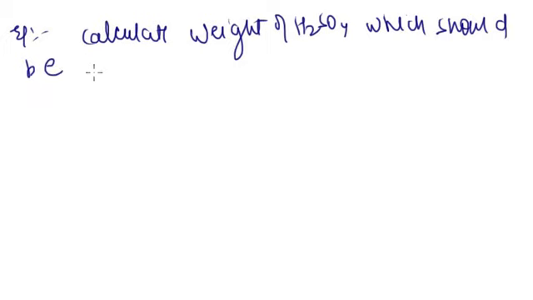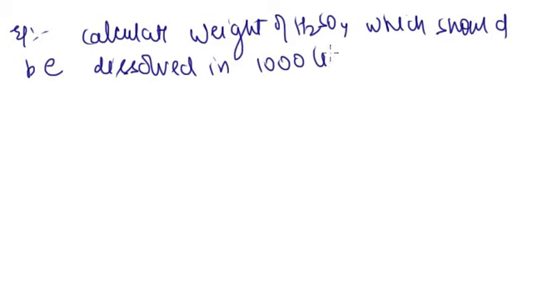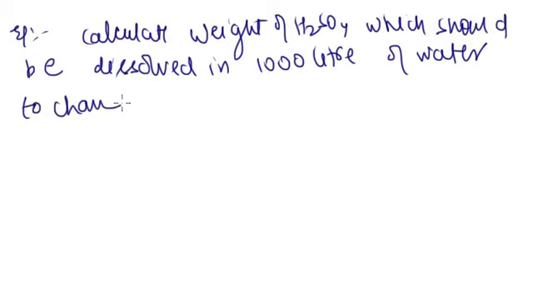If I give you an example: calculate the weight of H2SO4 which should be dissolved in 1000 liter of water to change the pH by 4 units.